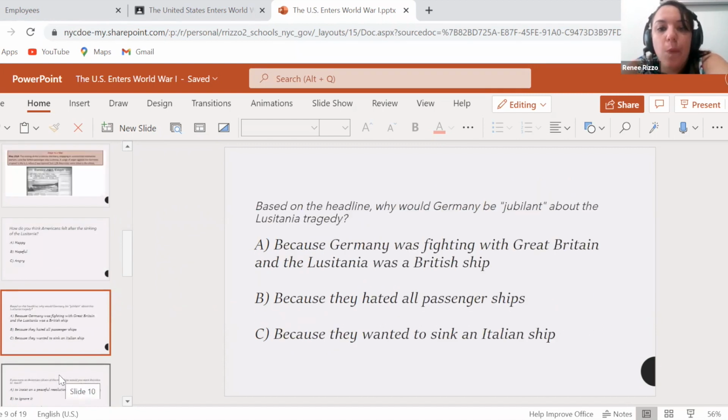Based on the headline, why would Germany be jubilant about the Lusitania tragedy? A, because Germany was fighting with Great Britain and the Lusitania was a British ship. B, because they hated all passenger ships. Or C, because they wanted to sink an Italian ship. First of all, to understand this question, it is important to know that the word jubilant means extremely happy.